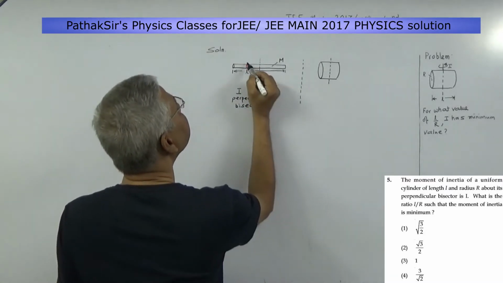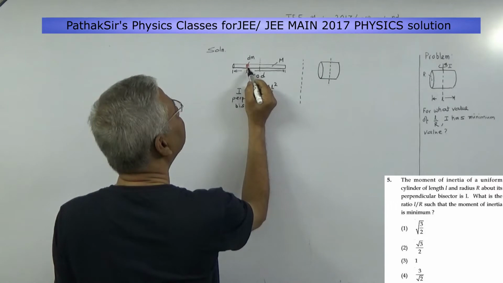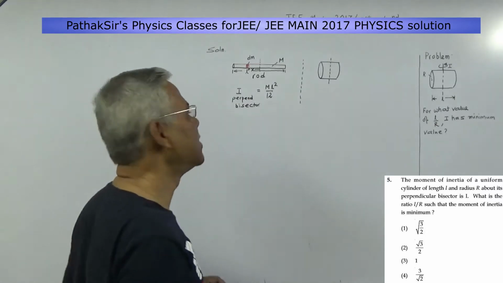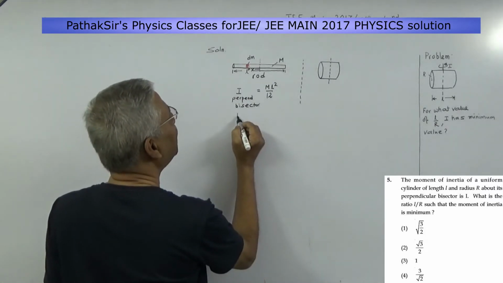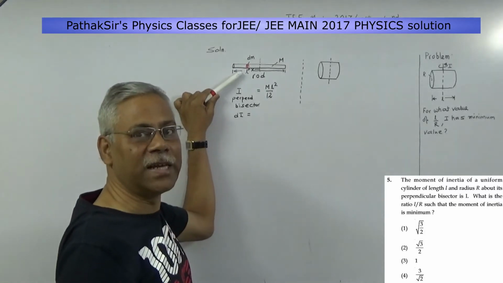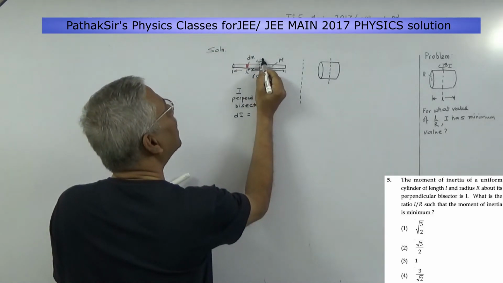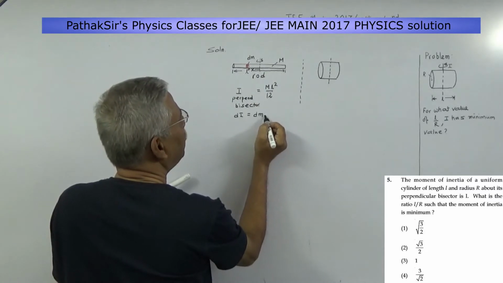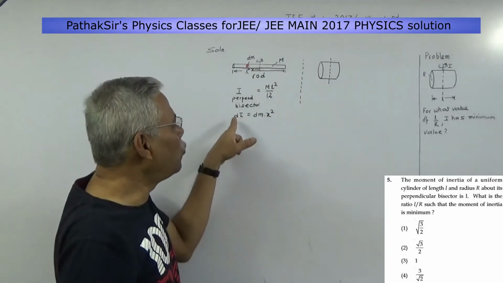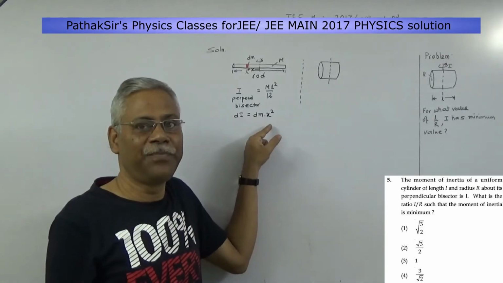Its mass is dm, the distance of the element from the axis of rotation is x, and we write that the moment of inertia of this element about the perpendicular bisector is dm into x square. So we have used the formula moment of inertia equals mass into distance square.